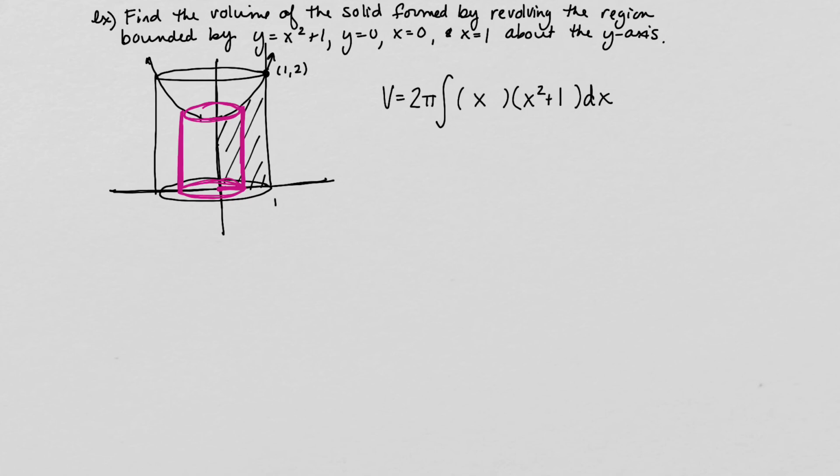And then where are my x values going from? From what to what? They're going from 0, and they're ending at 1. So this just becomes 2 pi times the integral from 0 to 1 of x cubed plus x dx.